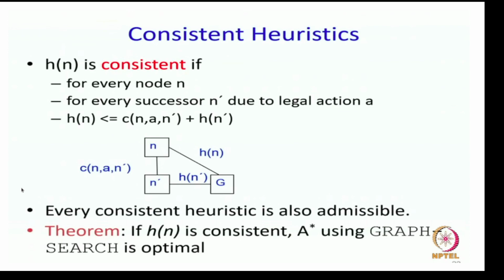So it says that h of n, reaching directly rather than going in path hops, is always less than or equivalent to the other path, which goes to another node and then from that node to the goal node. This is the definition of a consistent heuristic. If it follows, then you can say yes, the heuristic is consistent.